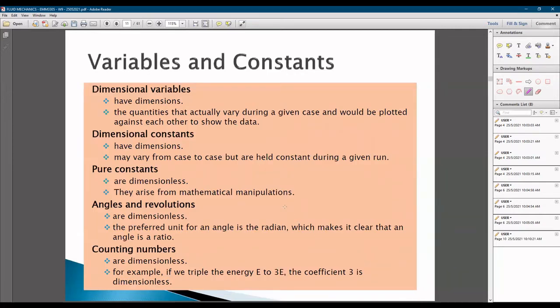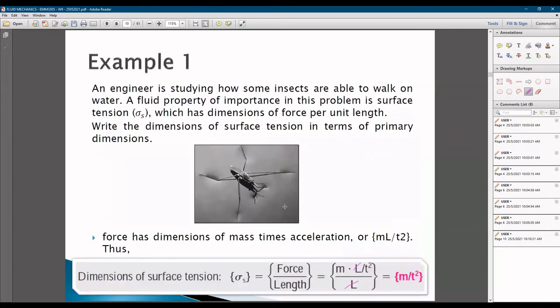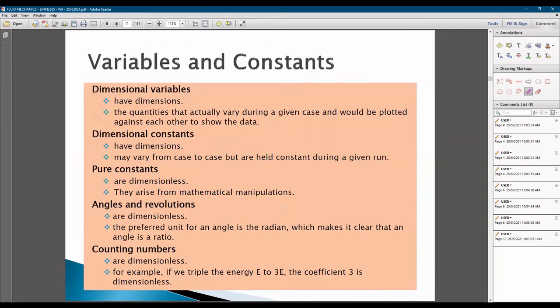And for these variables and constants, we have dimensional variables, dimensional constants, pure constants, angles and revolutions, and counting numbers. Okay, so you need to be aware of all this.